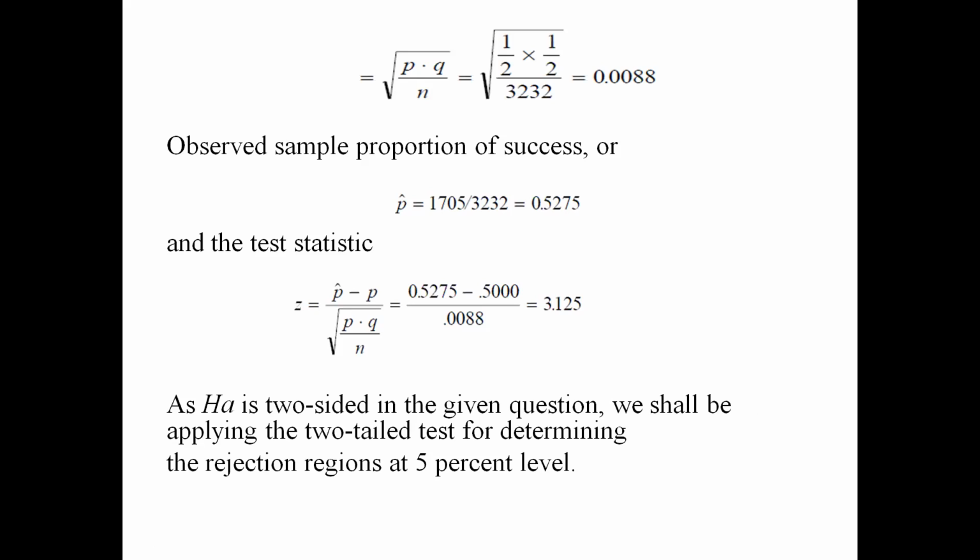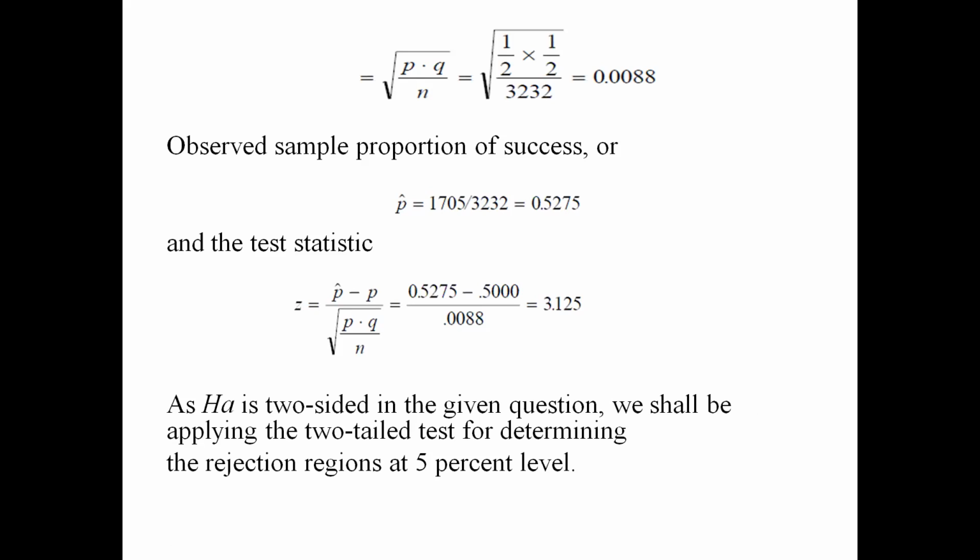The observed sample proportion of success p cap is equal to 1705 divided by 3232, equal to 0.5275.